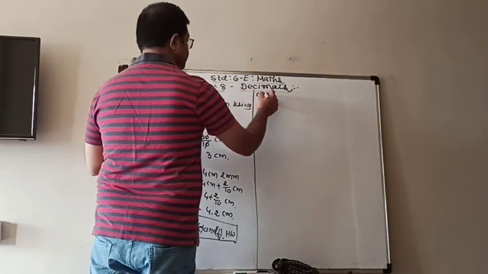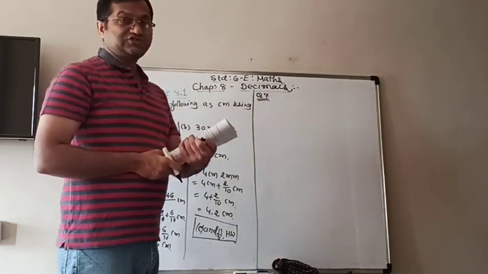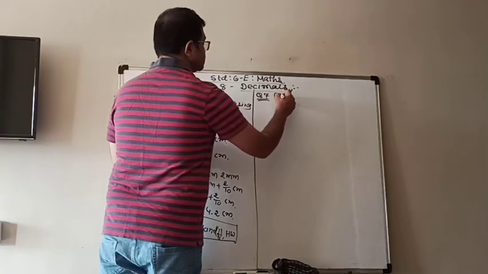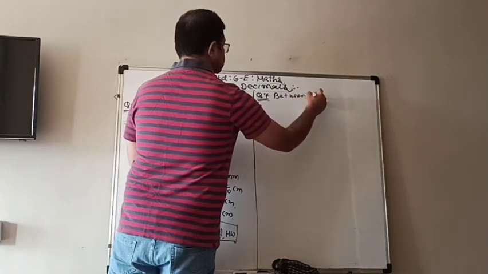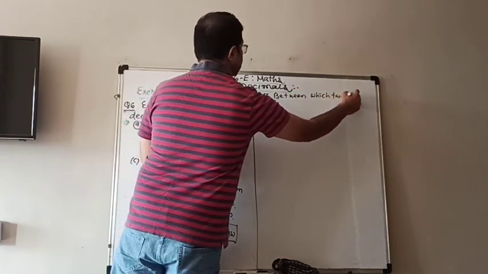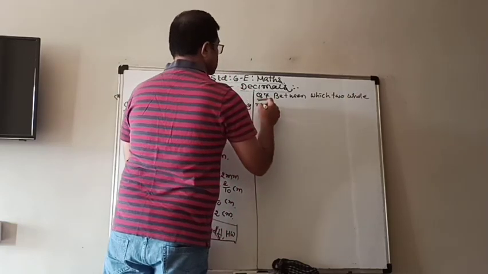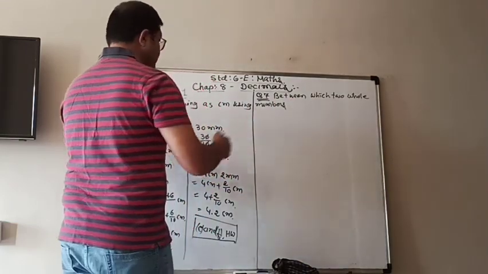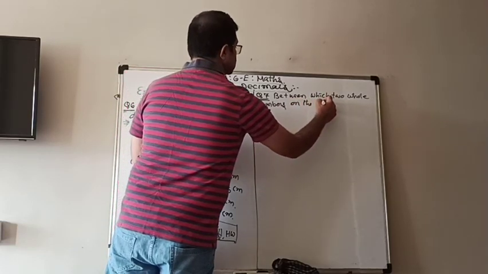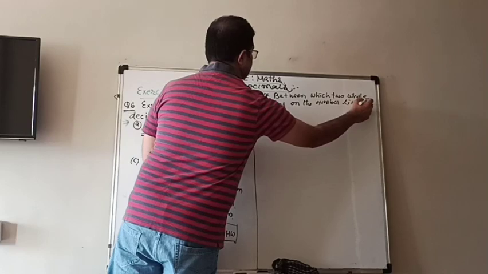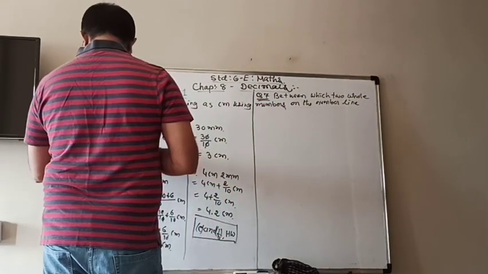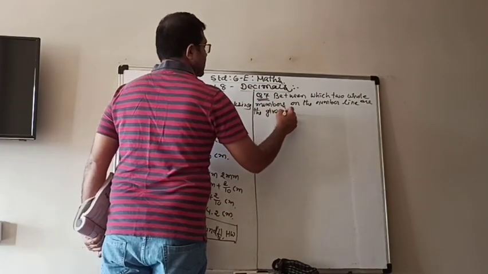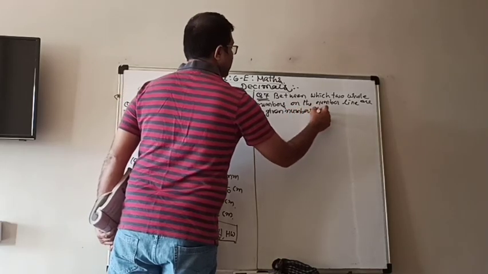Now question number 7. In question number 7, between which two whole numbers on the number line do the given numbers lie?